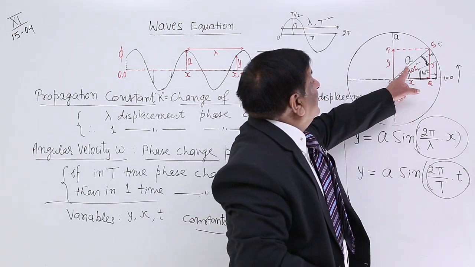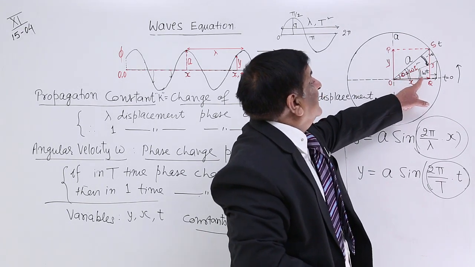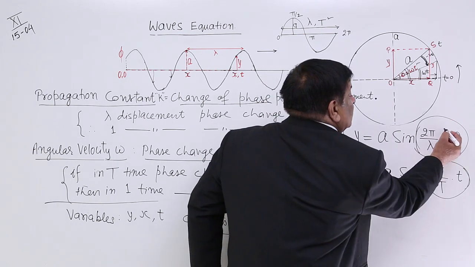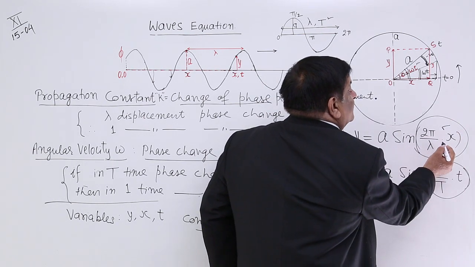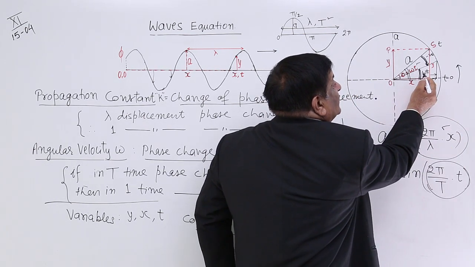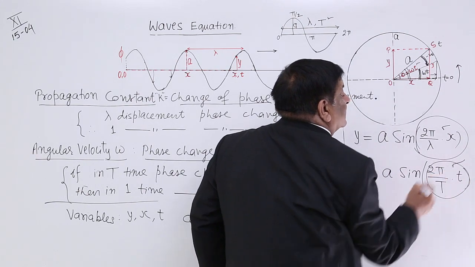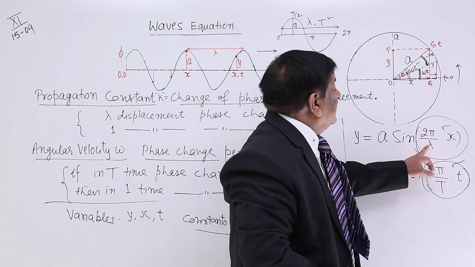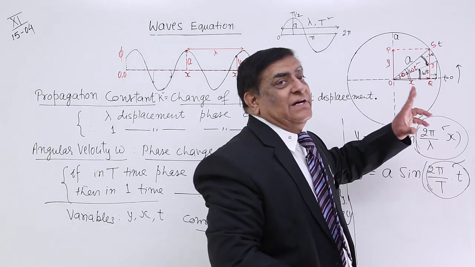I will say this is theta 1 minus theta 2. Theta 1 is how much? This. Theta 2 is how much? This. So, how much is the movement? Theta 1 minus theta 2.